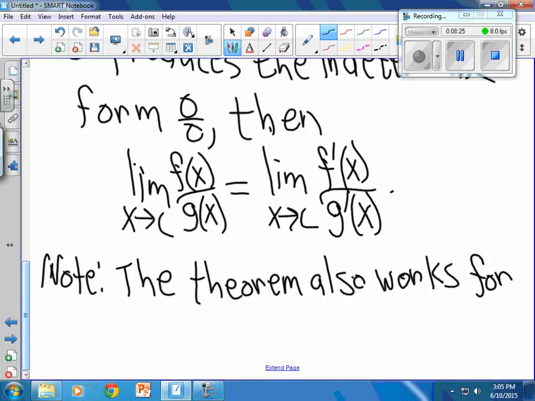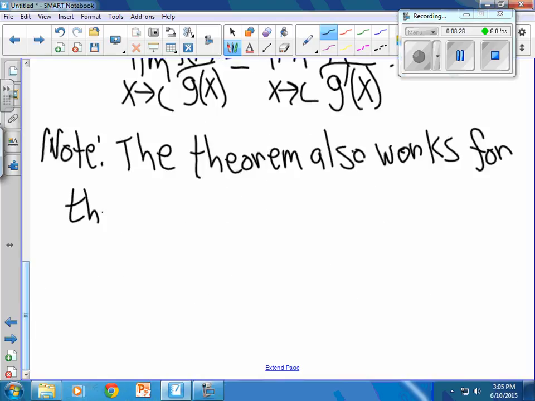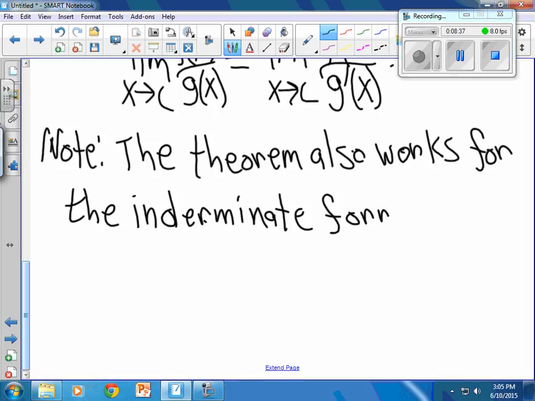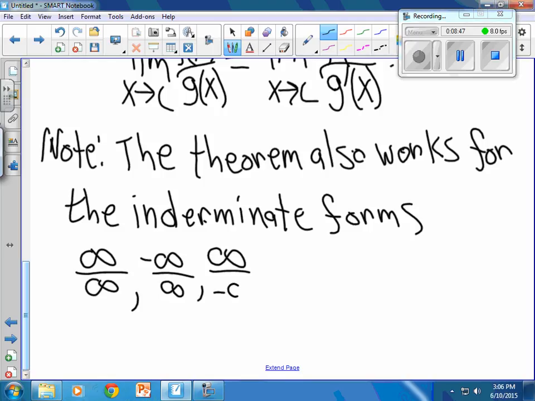for the indeterminate forms infinity over infinity, negative infinity over infinity, infinity over negative infinity, and negative infinity over negative infinity.